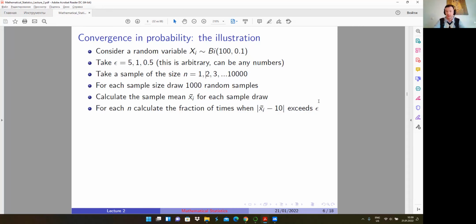Then I make epsilon smaller, equal to 1, and do the same. Then I make it smaller once again and do the same. Basically, I will find not the probability in a strict way, but some proportion. And if the fraction of times when this difference exceeds epsilon goes to 0, then the sample mean converges to 10.